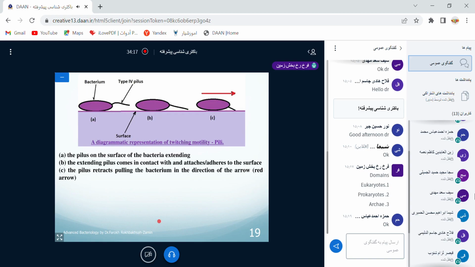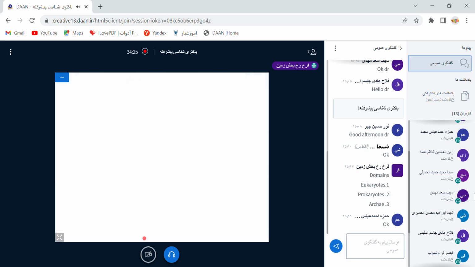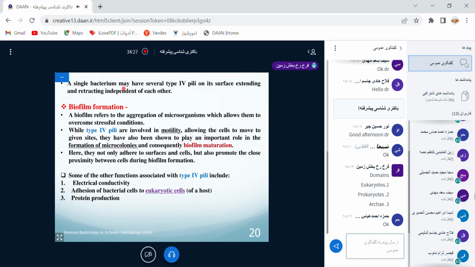So don't forget, type 4 pilus is used for motility as well as conjugation. A single bacterium may have several type 4 pili on its surface extending and retracting independently of each other.